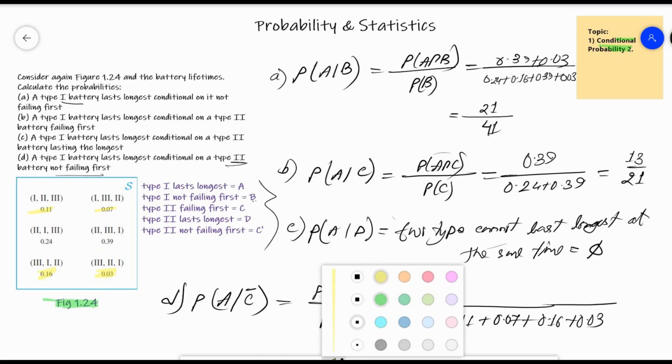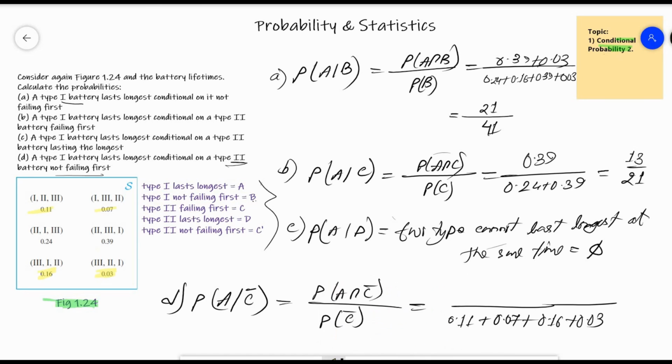Let me change the color first, and we have to find the values which maintain this condition, and we have only 0.03 following that. So we just write it here, and if we perform the calculation, we get 3/37.